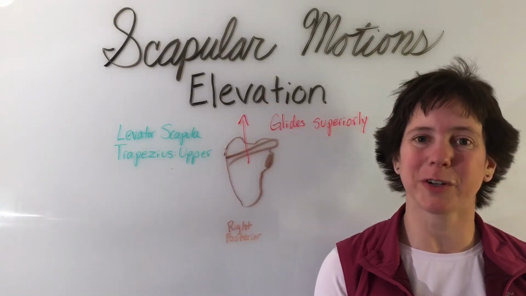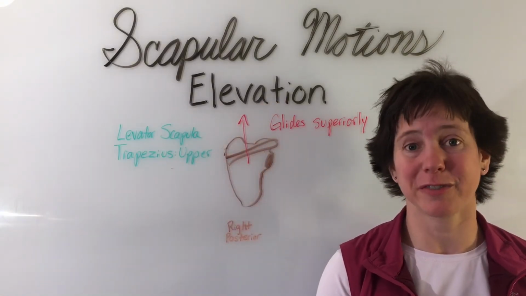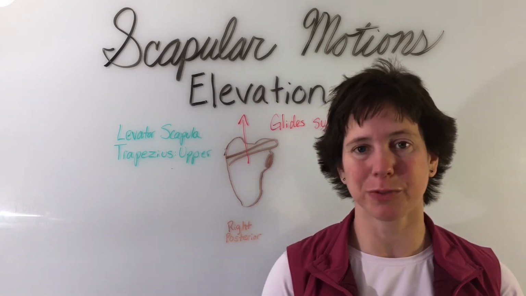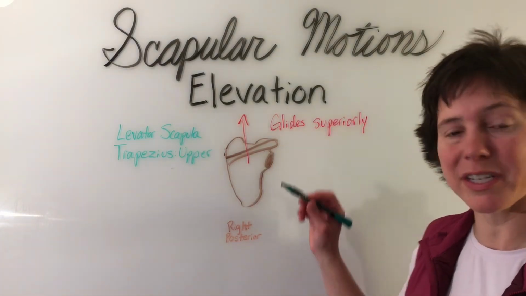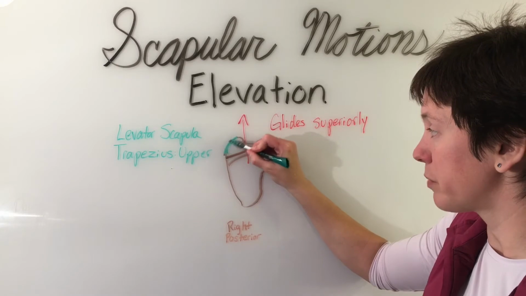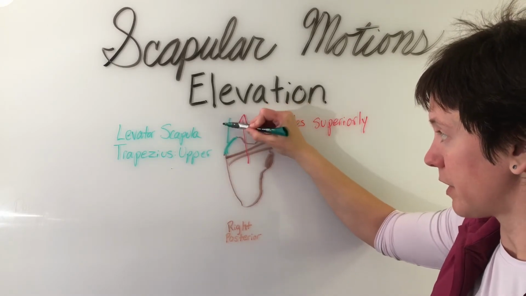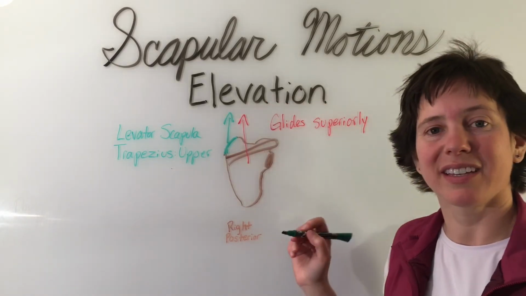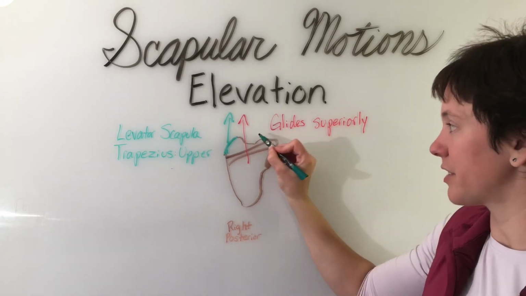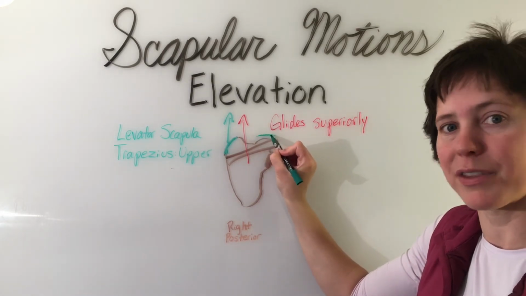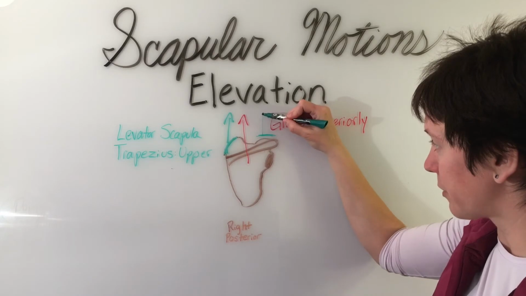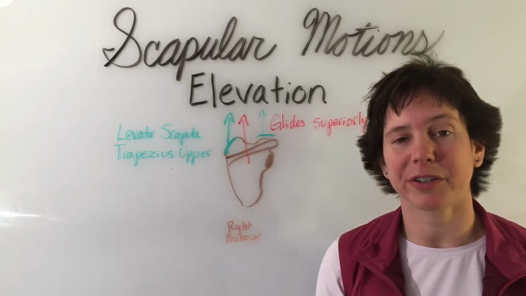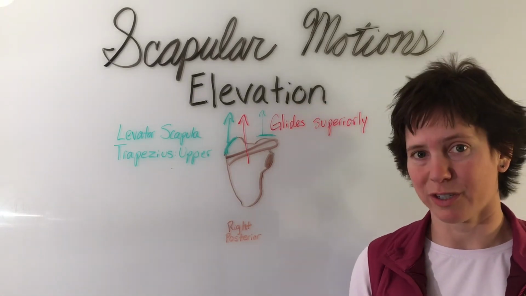The main muscles involved in elevation are levator scapula and the upper trapezius. The levator scapula is along the medial superior part of the scapula and will pull superiorly. The upper trapezius attaches to the lateral part of the clavicle and will also help to pull superiorly and possibly some anterior tilt as well.